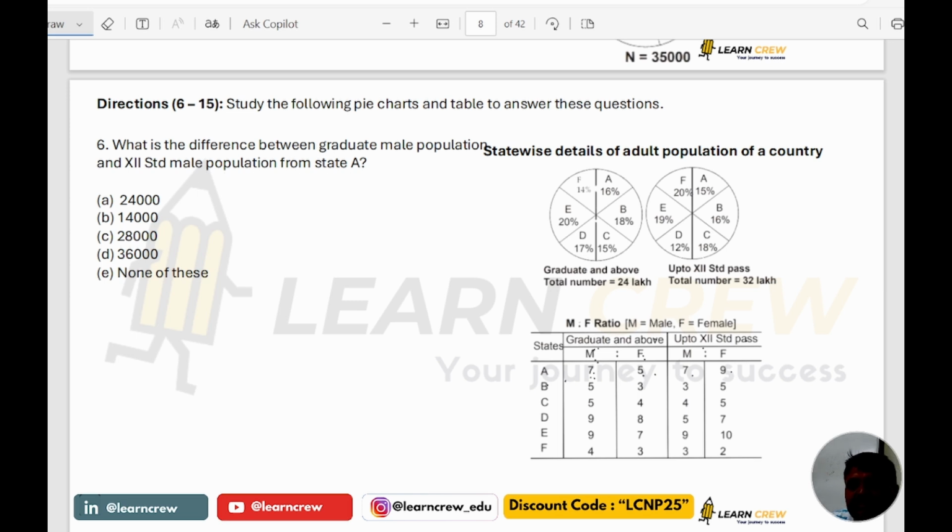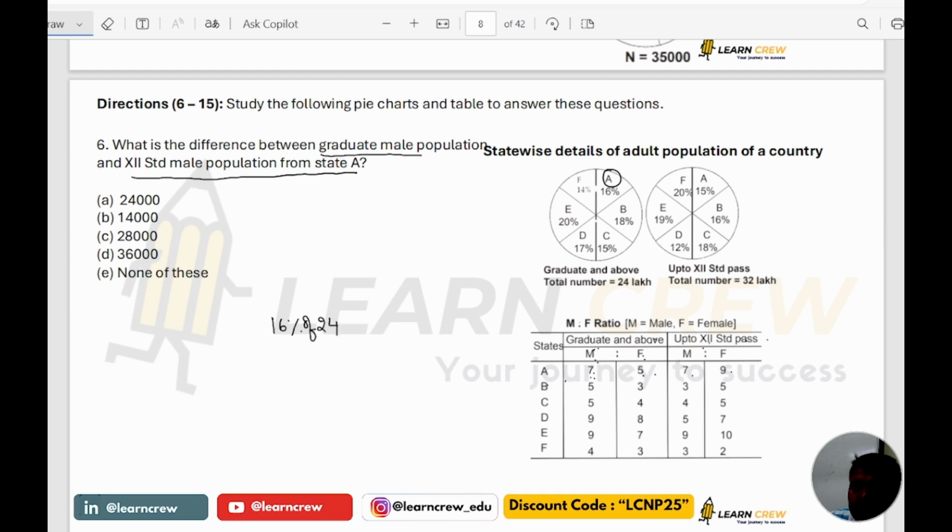Graduate males in state A are 16% of 24 lakhs.